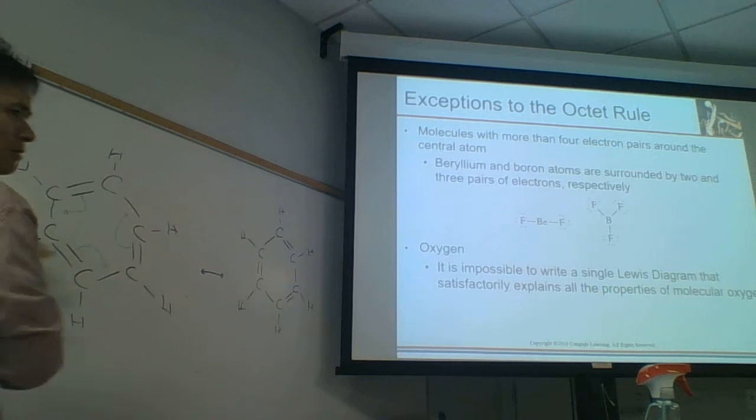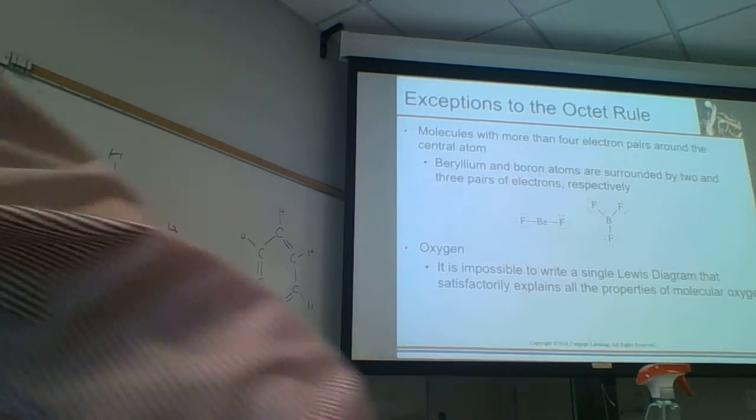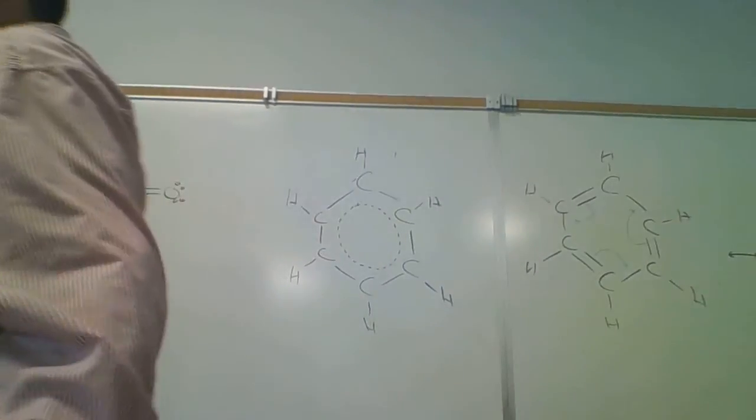The hybrid's better than the resonance form. Turns out all the bonds in benzene are exactly identical, and all the bond lengths are the same. This would be a funny distorted hexagon because double bonds are shorter, single bonds are longer. So it would be distorted, but it turns out it's a perfect hexagon. And so for this one, there's no resonance forms here, so this must be it.